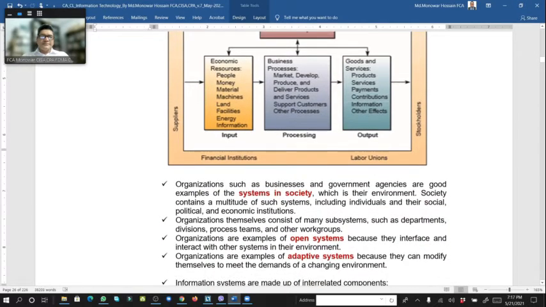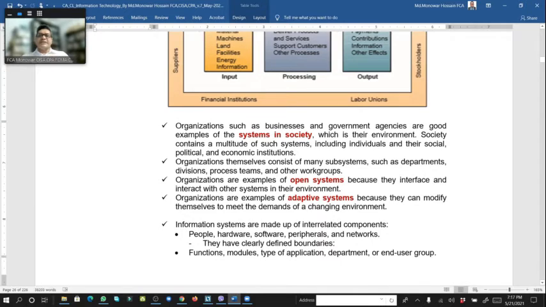Organizations such as businesses and government agencies are good examples of systems in society, which is their environment. Society contains multiple such systems, including individuals and their social, political, and economic institutions. Organizations are examples of open systems because they interface and interact with other systems in their environment.